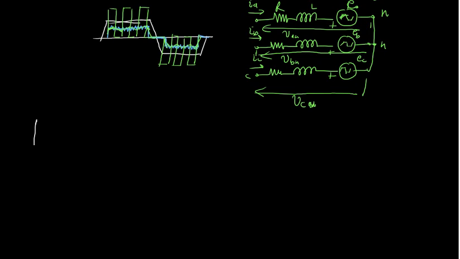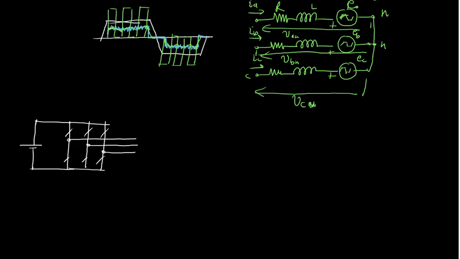We have this onboard battery, then 3 legs of the inverter. What I am going to explain is called current control. Now phase A, phase B, and this is phase C. I hope you are not getting confused anywhere because we go ahead step by step.